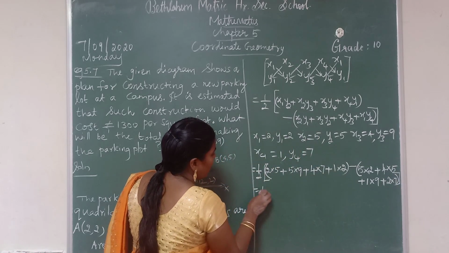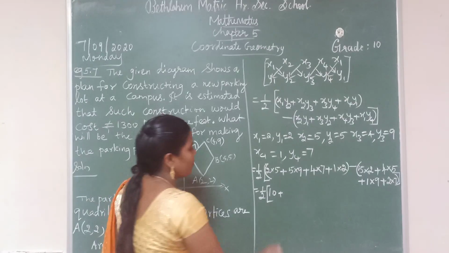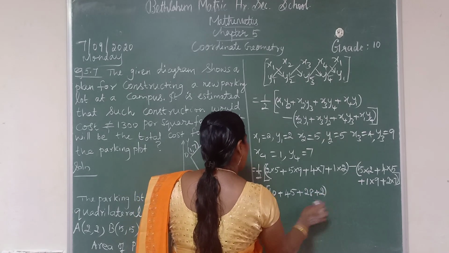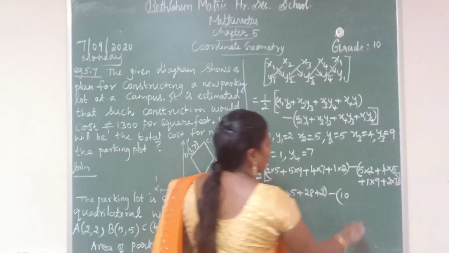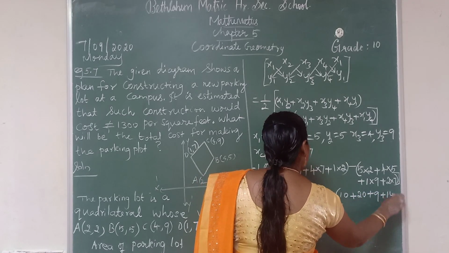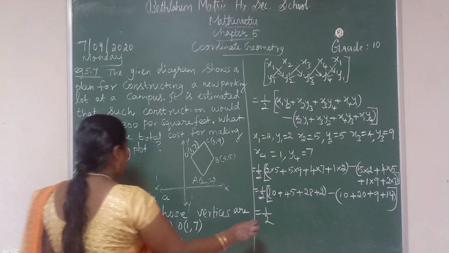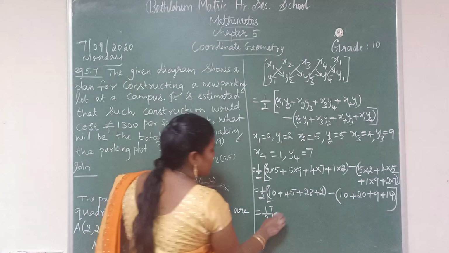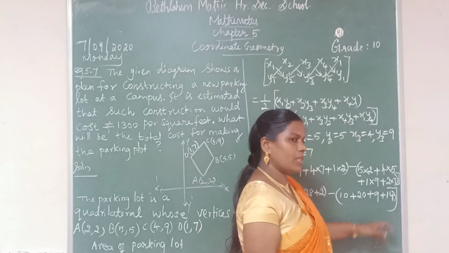That is equal to half into 2 5s are 10 plus 5 9s are 45 plus 28 plus 2, close the bracket, minus of 10 plus 20 plus 9 plus 14, which is equal to 1 by 2 into 85. Add it: 85. And minus of this one, add it: 53.